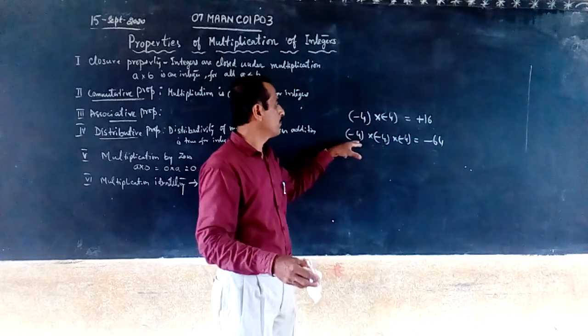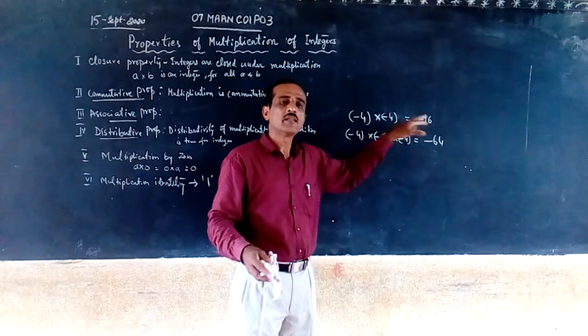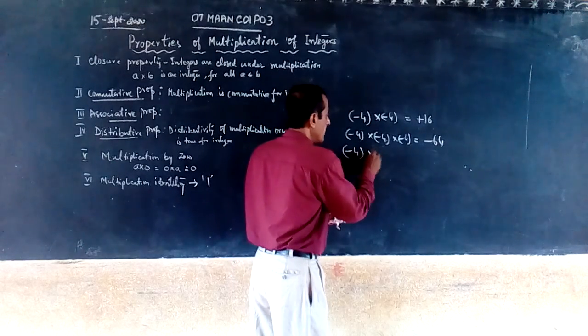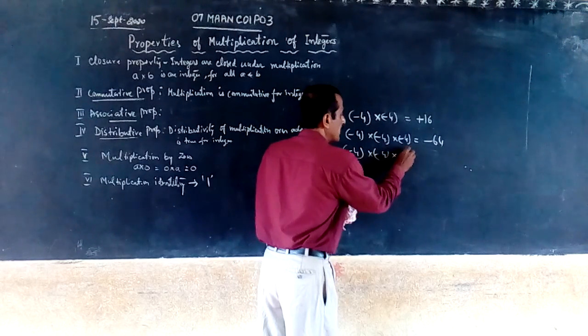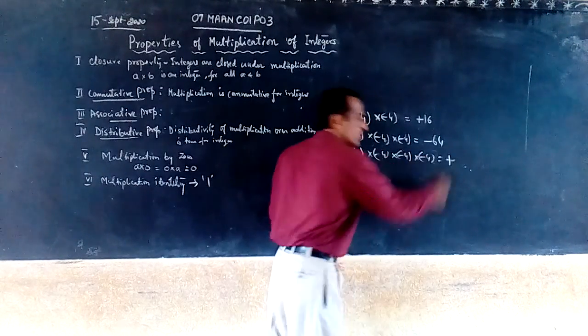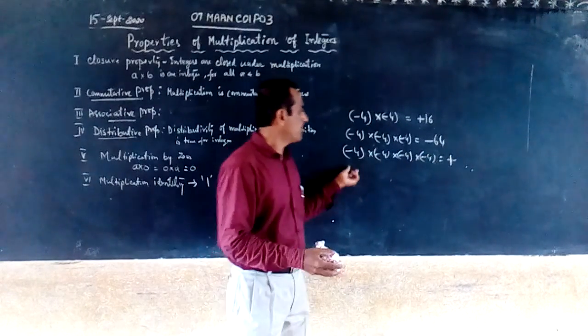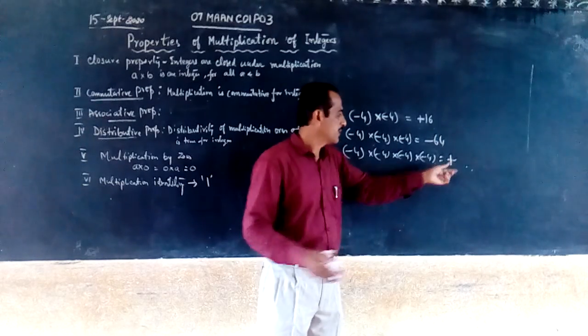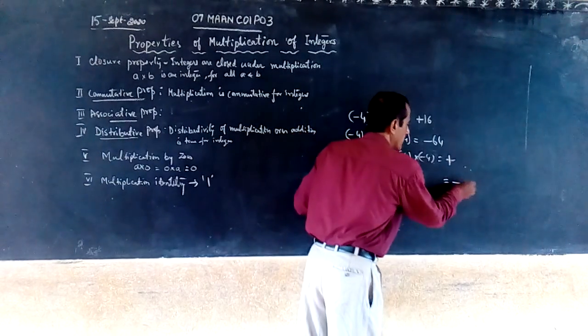If three negative integers are multiplied, the product is again negative. If four integers are multiplied like this, then the product is again positive. So remember, if five negative integers are multiplied, then the product is a negative number.